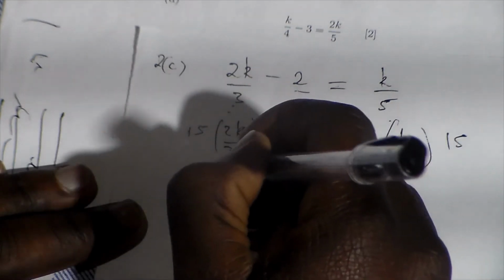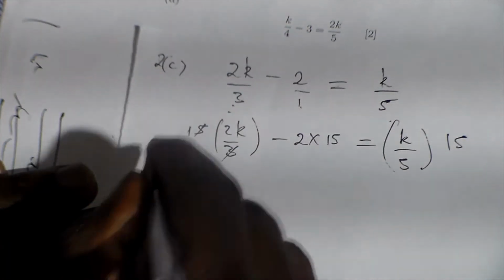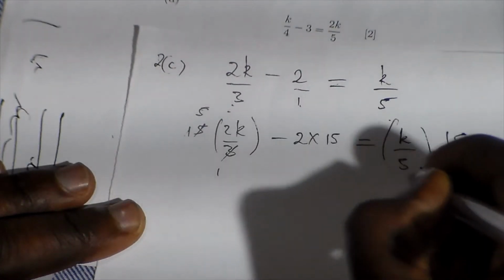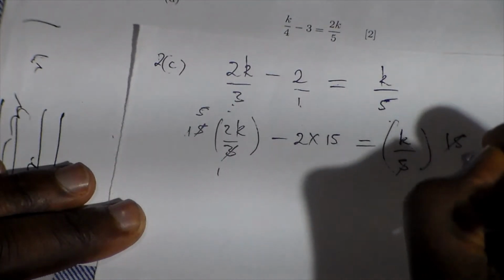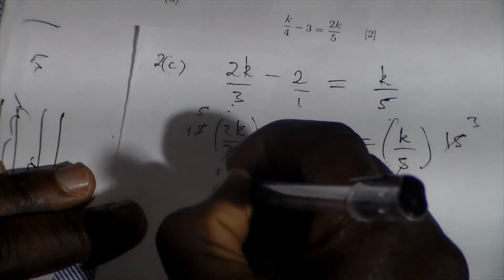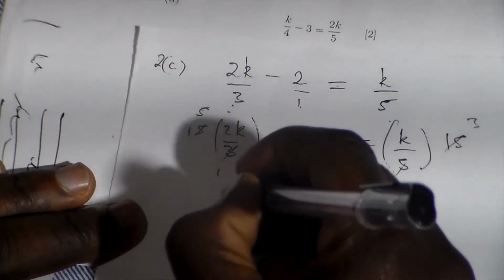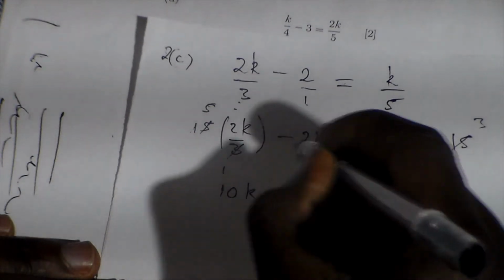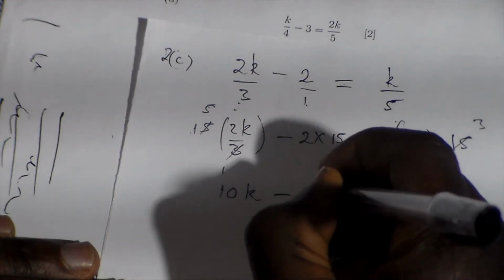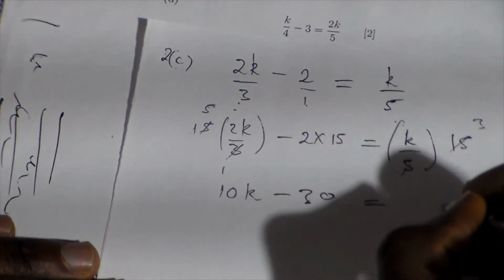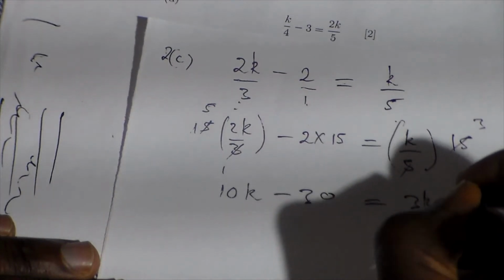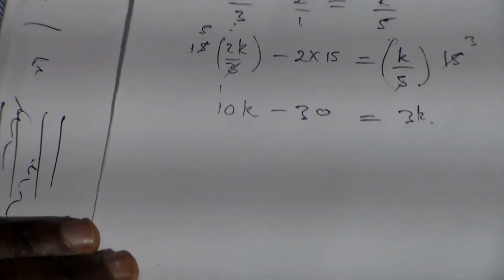Here we get a 5, 3 into 15, here we get a minus 30, here we get a 3, okay? So we say 5 by 2k is a 10k, right? Then minus 2 by 15 is a minus 30, equal to 3k, okay?